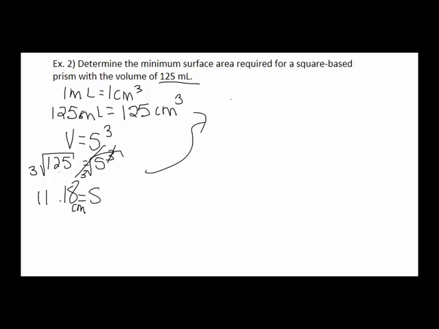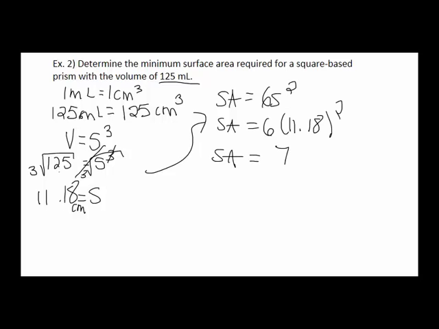Now let's plug this side length into our surface area formula, and the optimal surface area formula is equal to 6s squared. And if you plug that into your calculator, you should get 749.95 centimeters squared. Therefore, the minimum surface area required for a square-based prism with the volume of 125 milliliters is 749.95 centimeters squared.